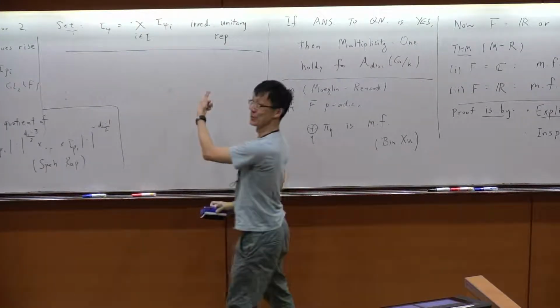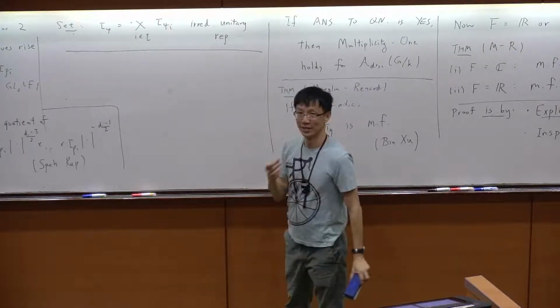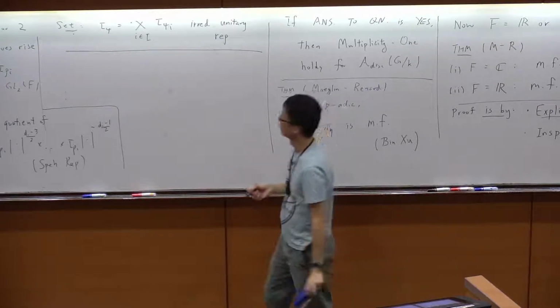So why do I introduce this on GL? It's because I want to formulate these endoscopic character identities.